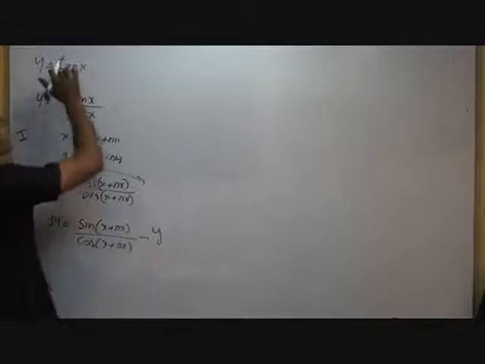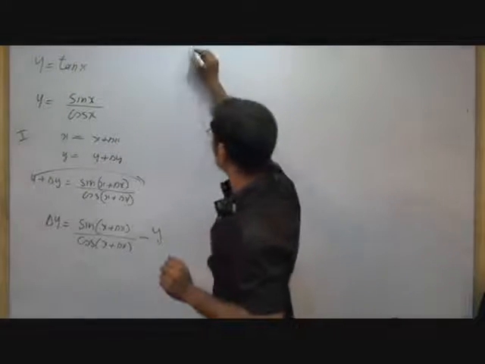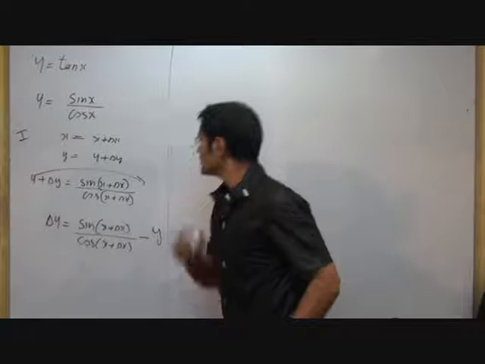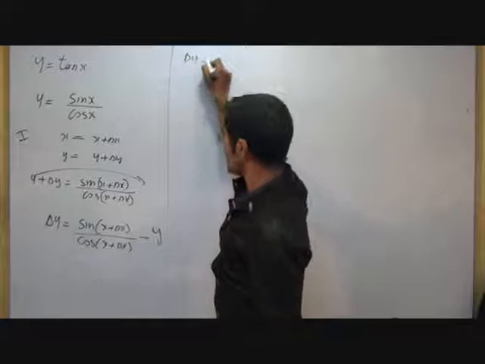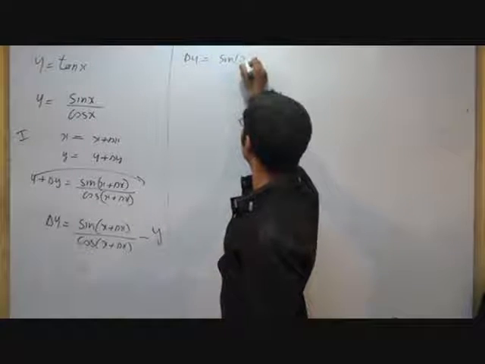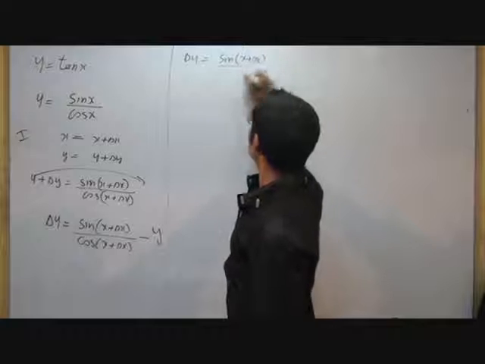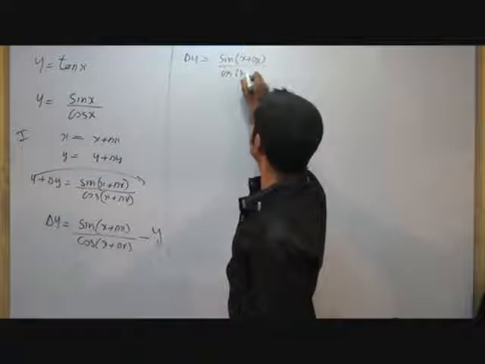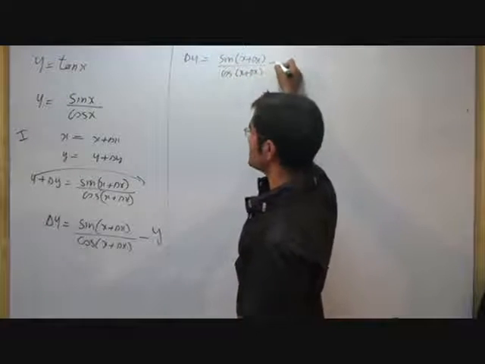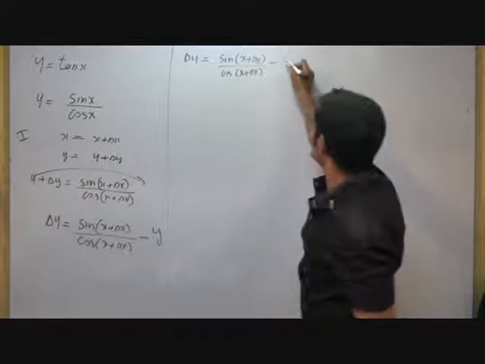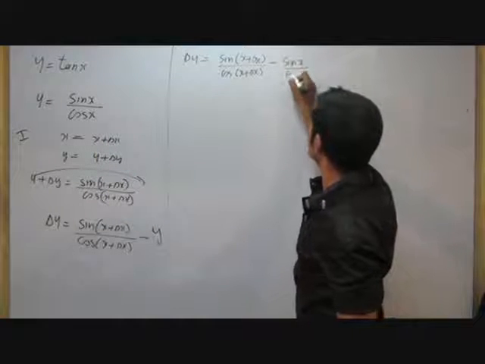What is y? You can say it's sine by cos. So delta y would be given as sine of x plus delta x by cos of x plus delta x minus sine x by cos x.